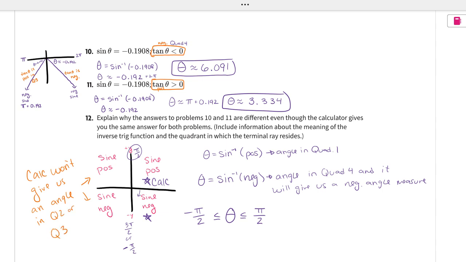It doesn't need to, because it's going to give us one answer, the closest answer to 0 radians, whether it's positive or negative.